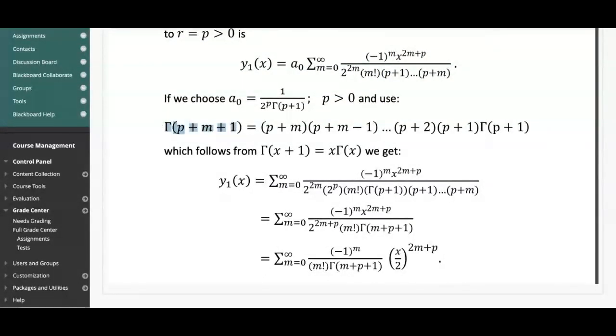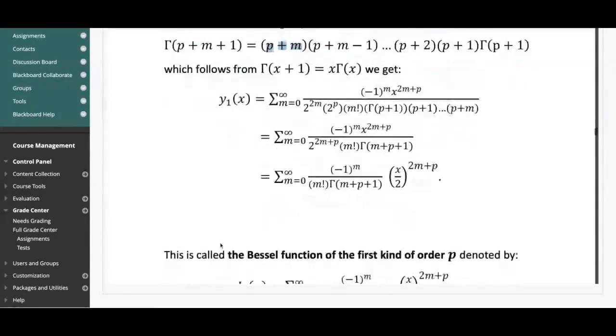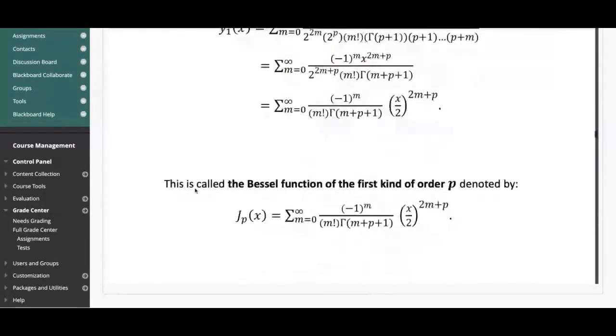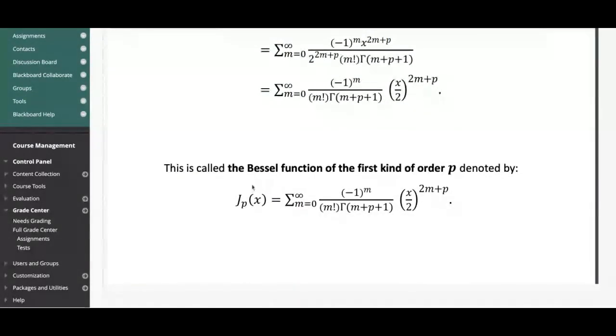Gamma of p plus m plus 1. We know this is p plus m factorial. Right, change it around. So this is called the Bessel function of the first kind of order p. So we denote it with J_p of x.